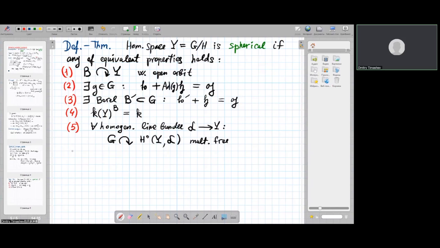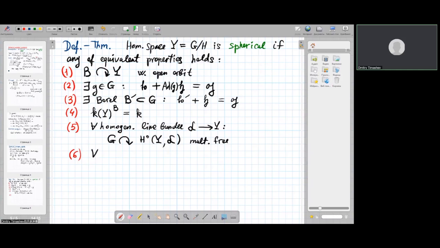The sixth condition says that actually this is the same as the fifth condition, as we will see soon. But it is a reformulation of the fifth condition.